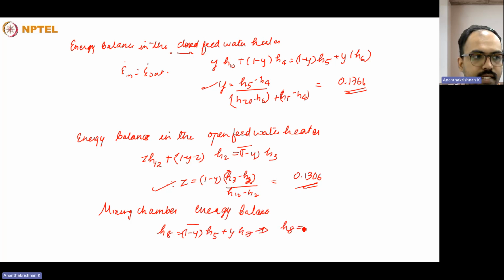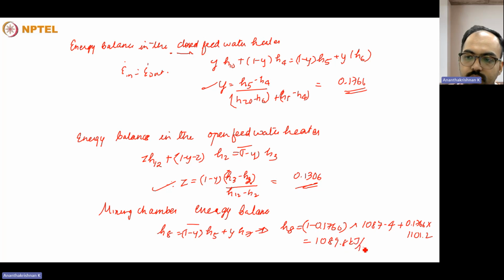Substitute the values and we'll get H8 is equal to 1 minus 0.1766 multiplied by 1087.4 plus 0.1766 into 1101.2. That will be equal to 1089.8 kilojoule per kilogram. So H8 we get as well. So basically we got all the three unknowns, the Y, Z, and the enthalpy at state point 8.